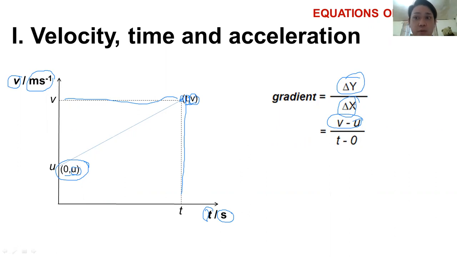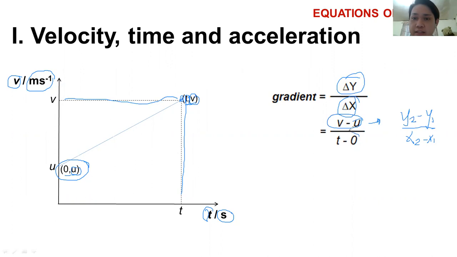In mathematics, we derive it from the equation of the line, y sub 2 minus y sub 1 over x sub 2 minus x sub 1, wherein your y sub 2 is your final velocity and your y sub 1 is the initial velocity.